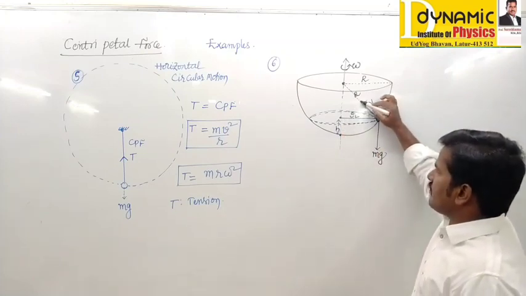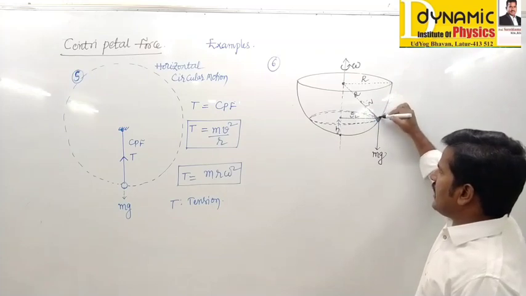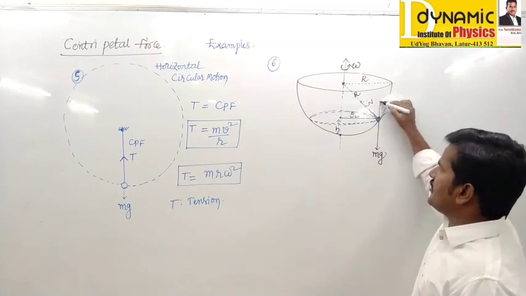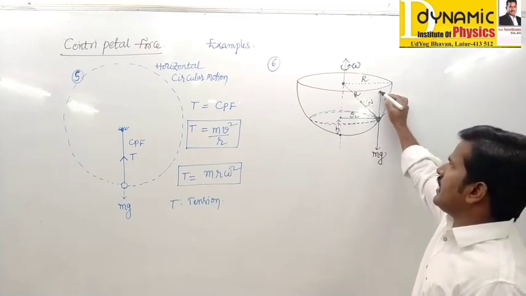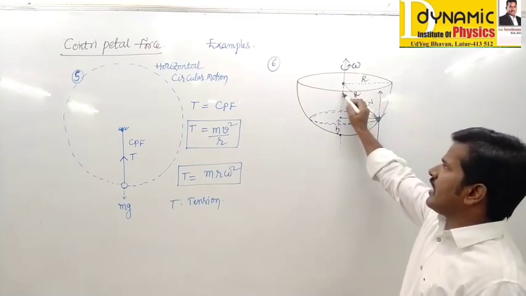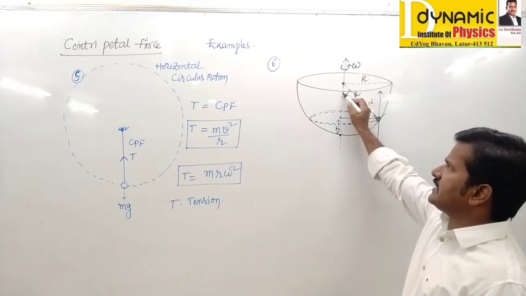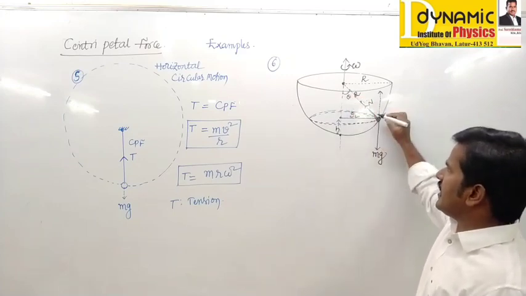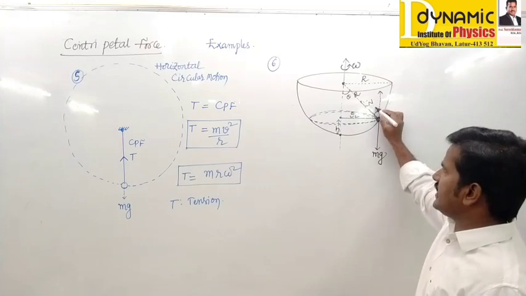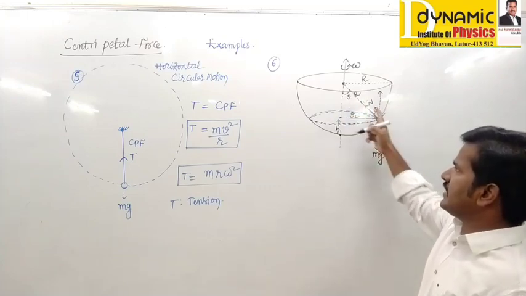N is the normal reaction, and this N is resolved into two parts. Here this angle we consider as theta, and this alternate angle is also theta.